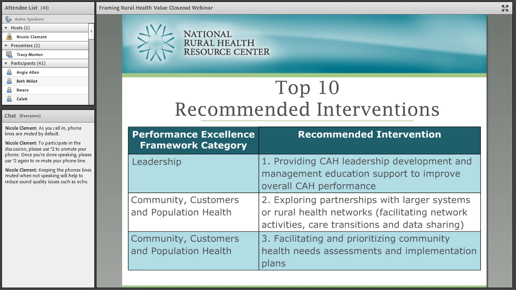So more or less, we've got 3 critical access hospitals so far who have signed on to this pilot project, and really the benefit will be that they will engage with Truven in reviewing departmental level productivity information.